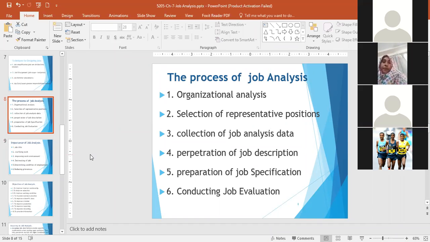Skill. Yes, ma'am. You have to understand the theme. If I ask which one is an example of job specification, then I can write skill, duties.